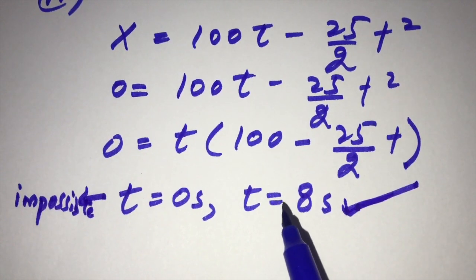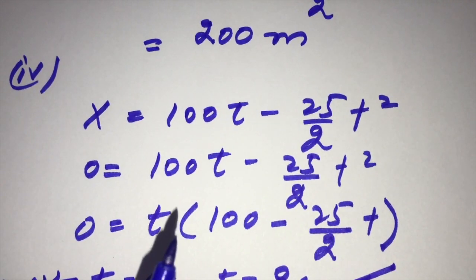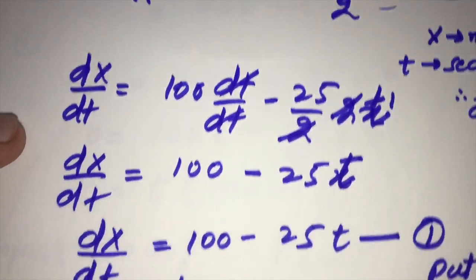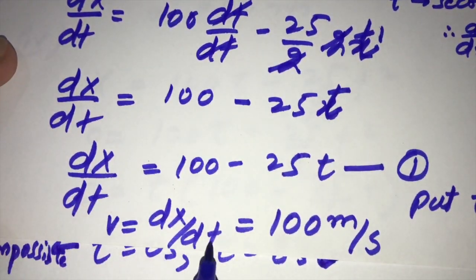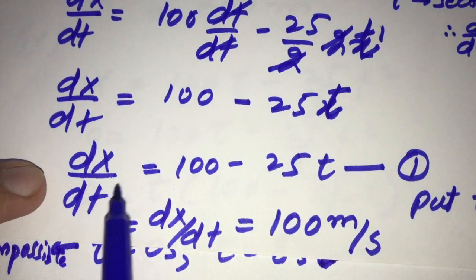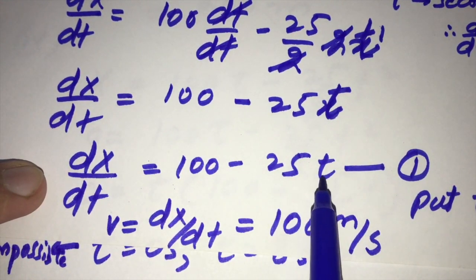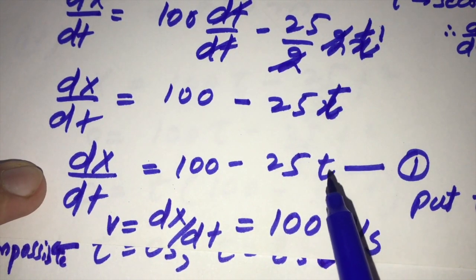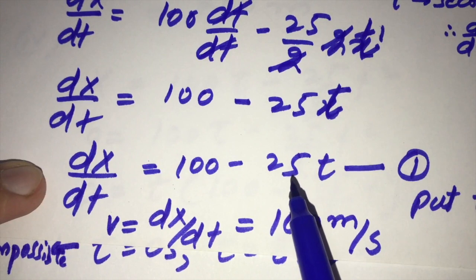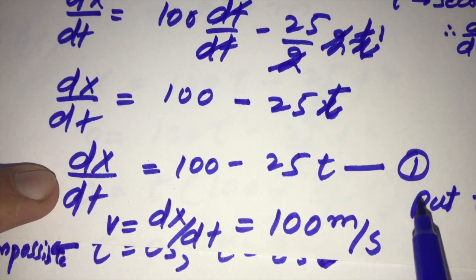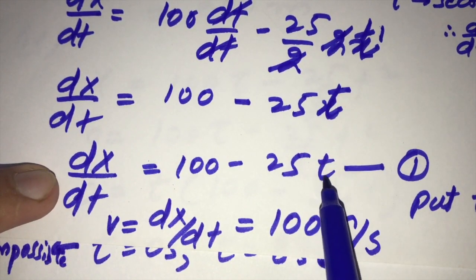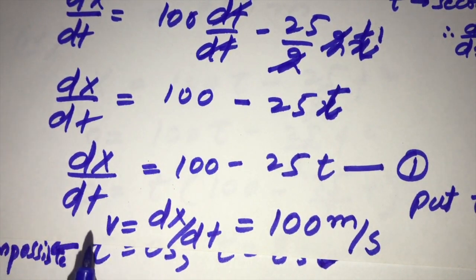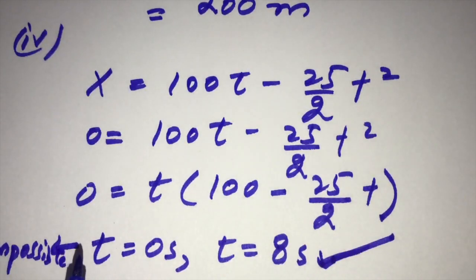So put it in the equation. V is equal to dx by dt, and dx by dt is equal to 100 minus 25t. Put in equation 1, because in this part we have to find the velocity with which the missile strikes the ground. So in order to find the velocity, put the time here and find dx by dt, which is the velocity.